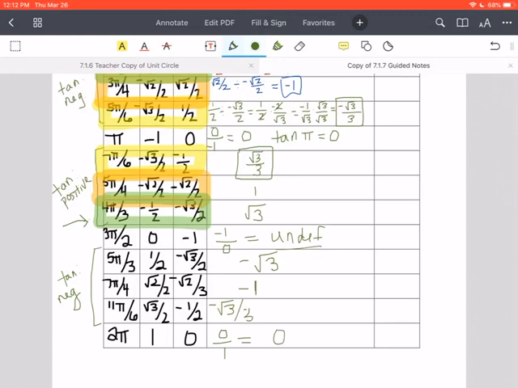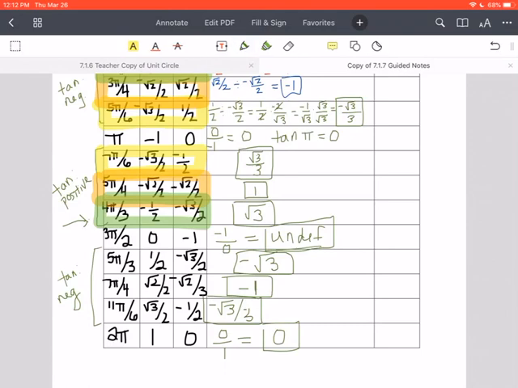So we have just filled out the entire table with the values of tangent. We can box these off. These are the tangents of all of the memorized angles, or special angles, on the unit circle. I think we're going to leave it at that today.